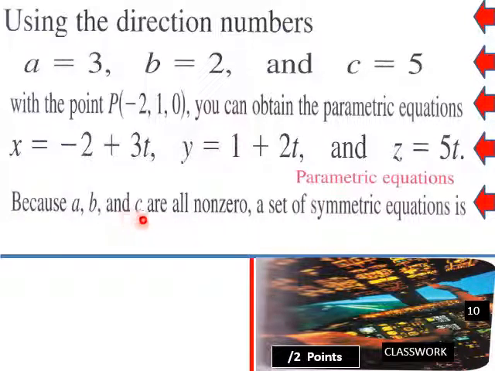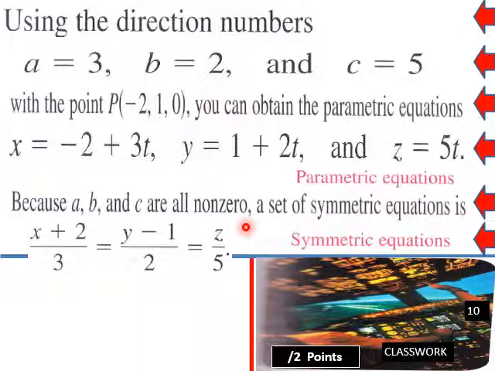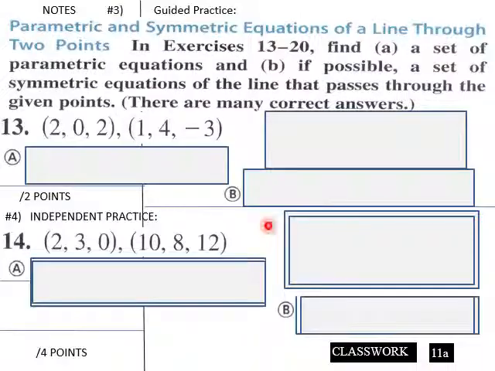And then because a, b, and c are all non-zero, a set of symmetric equations is x plus 2 over 3 equals y minus 1 over 2 equals z over 5. We have a 0 here, so it'd just be z over 5. These would be our symmetric equations.